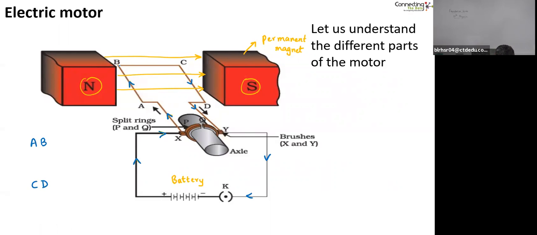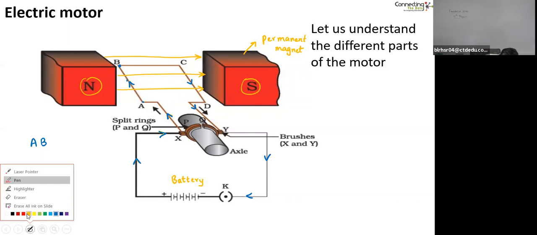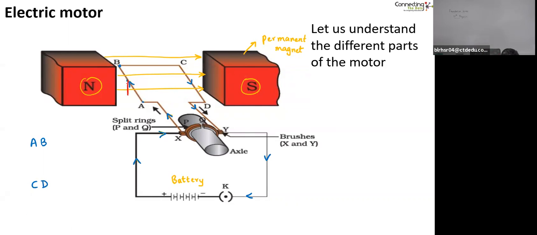So when you apply it on this part of the conductor, by applying Fleming's left-hand rule, the direction of the current is given by the middle finger. The direction of the magnetic field should be along the index finger, and that will tell you that the force exerted on that segment of the coil is in the downward direction.